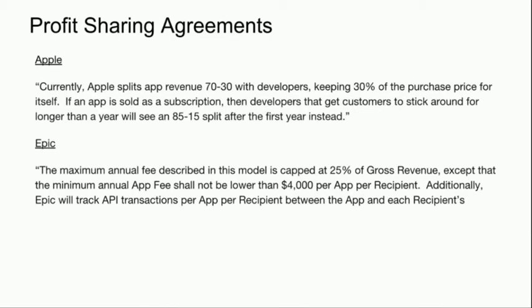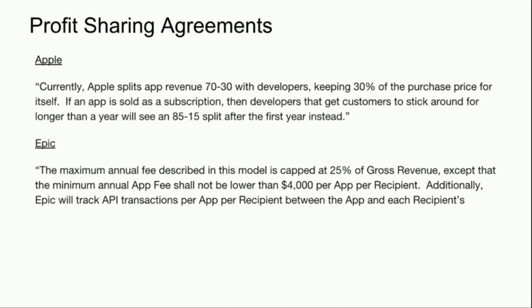Now, the reason that we do this is because there's some type of profit sharing or gain sharing at the end of the day, and you're thinking that you can make some money. Apple and Epic, we see a 70-30 split on the high end. You have to be prepared for that much gain sharing, a 30% tax if you want to think of it that way.